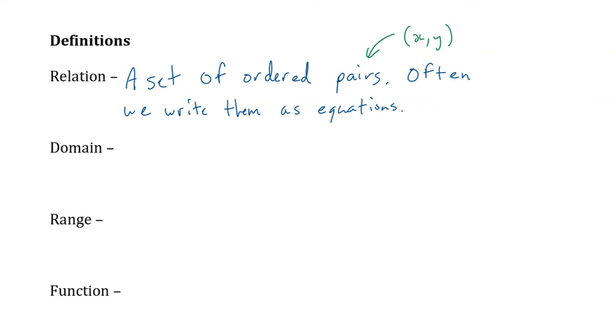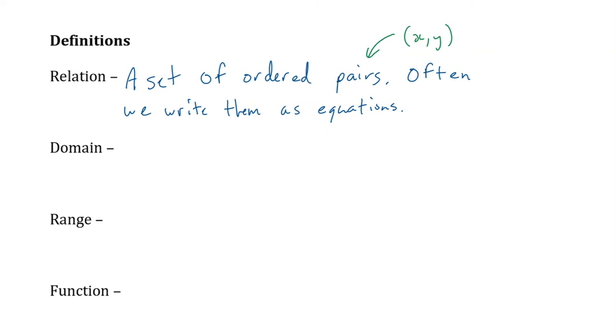So a relation could just be a list of points, but we never work with that, so I'm not even going to bother really doing it. We'll see one, I think, but that's it. There's one in the lesson too. But we usually write them as equations, because otherwise you're listing an infinite number of pairs.